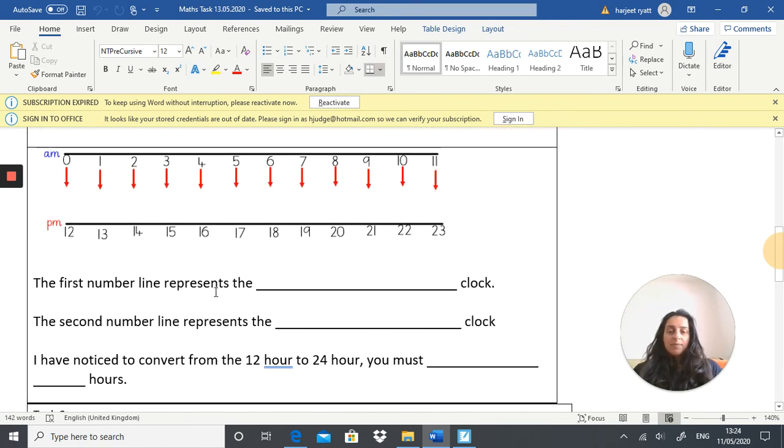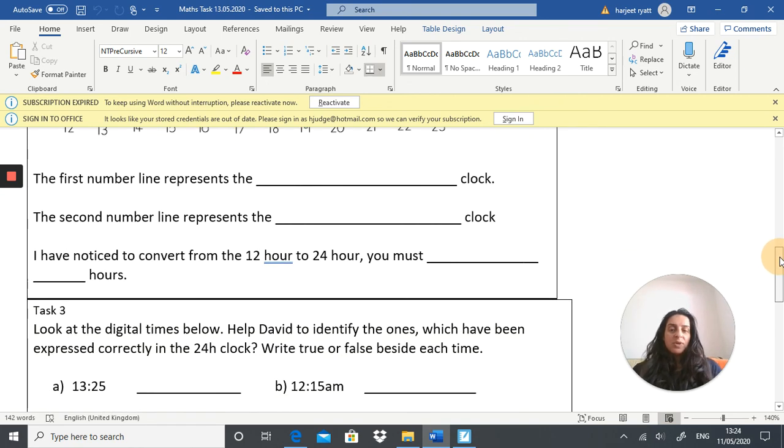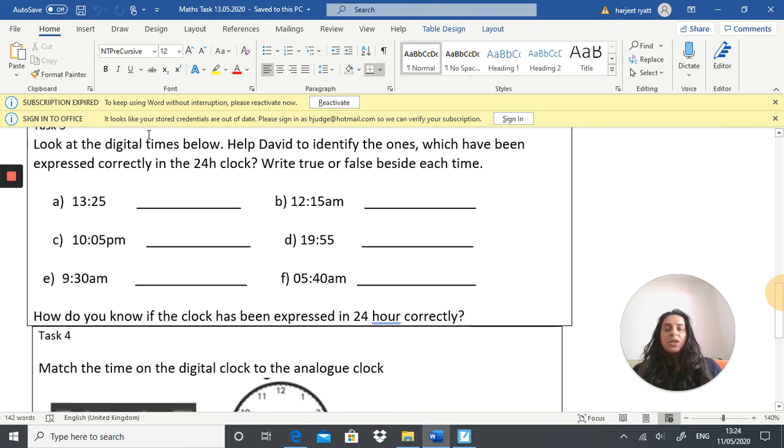it says, the first number line represents which clock? Second number line represents which clock? I have noticed to convert the 12-hour to 24-hour clock, you must do what? So what must you do to convert between the times? This says, look at the digital times below. Help David to identify the ones which have been expressed correctly in the 24-hour clock. Write true or false beside them.